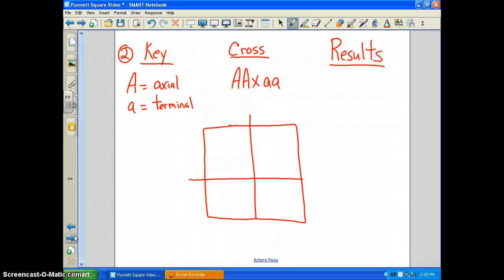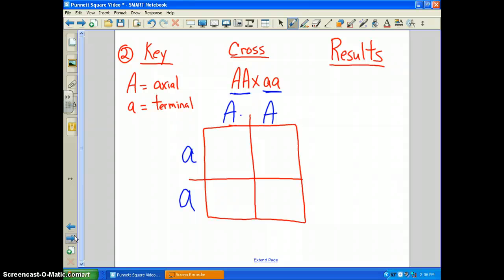We're going to cross pure axial and pure terminal. So we set up your Punnett square like this. Terminal, terminal. Please make sure your square is set up exactly like that.